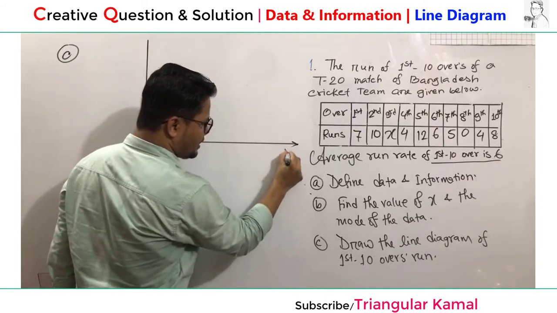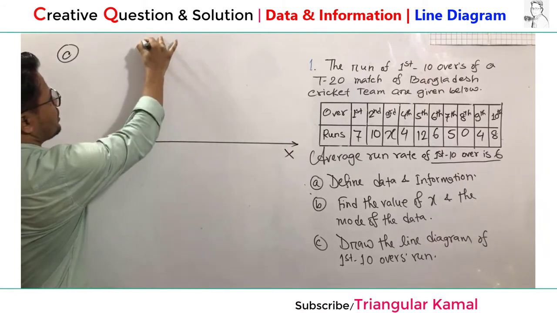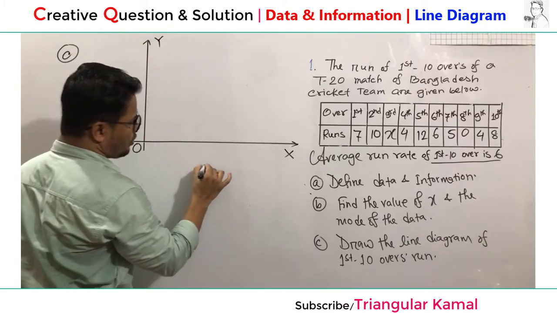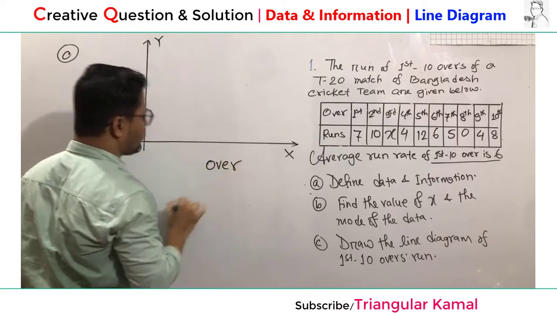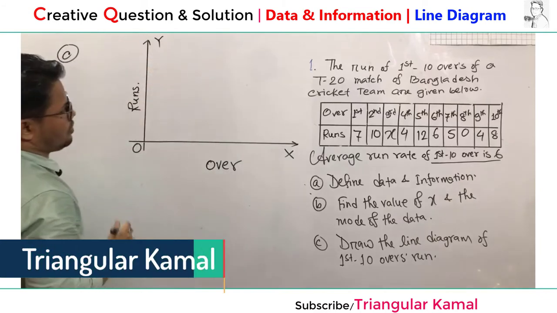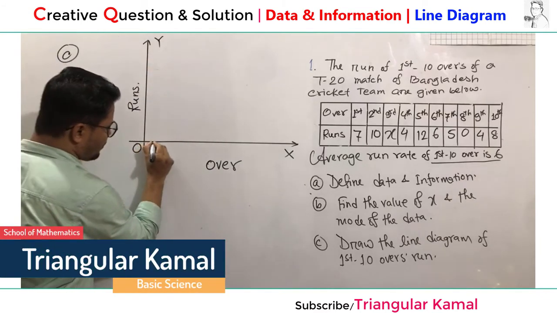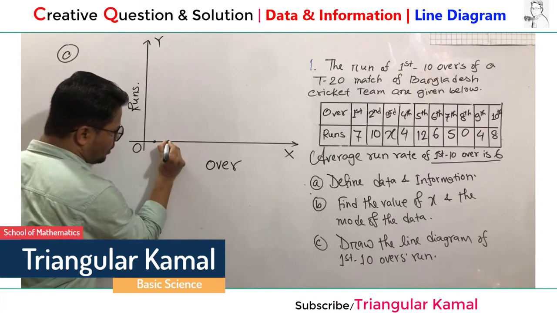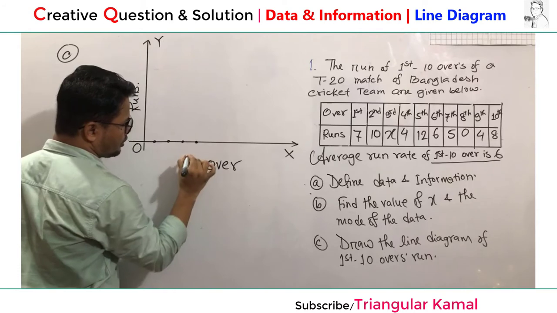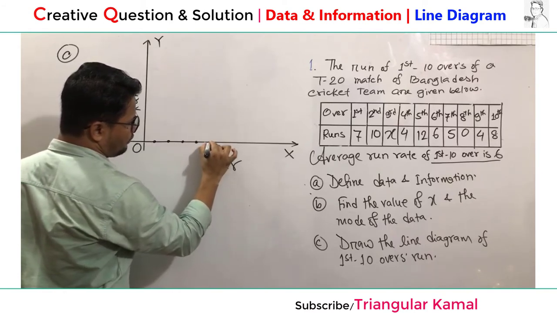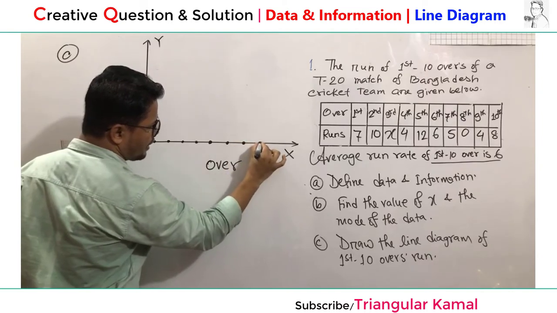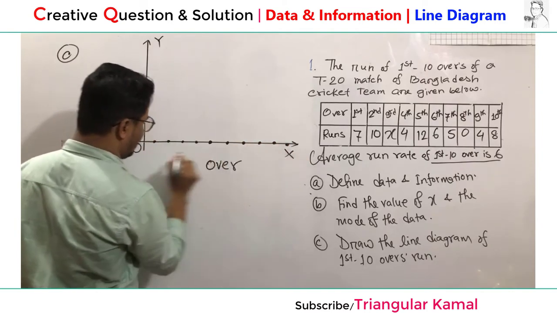The right side indicates capital X, and this is Y. This is called overs, and this is runs. First over, second over, third over, fourth, fifth, sixth, 7, 8, 9, 10.